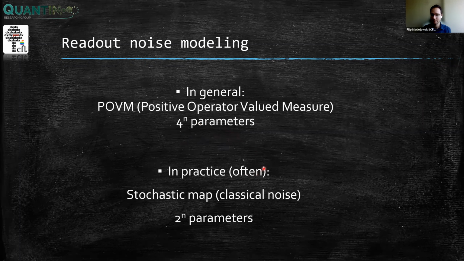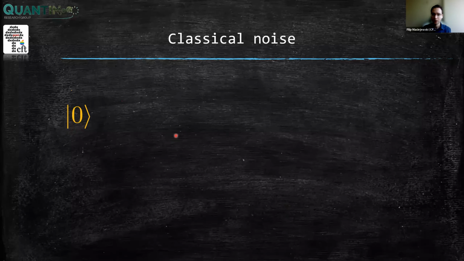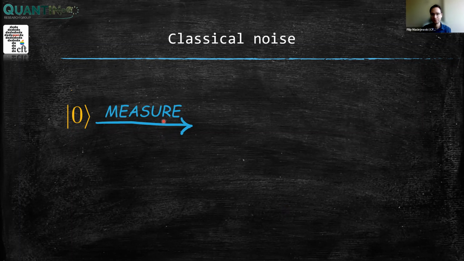However, it has been observed that in practice one can often model the readout noise purely classically, so to speak, as a stochastic process applied to measurement outcomes, and it has a somewhat lower number of parameters, still high. Let me explain what this classical noise means with a single qubit example. Say we prepare a zero state and we measure it in the standard basis. We clearly expect that the measurement result will be 0, and this would be the end of the story if the measurement was ideal.